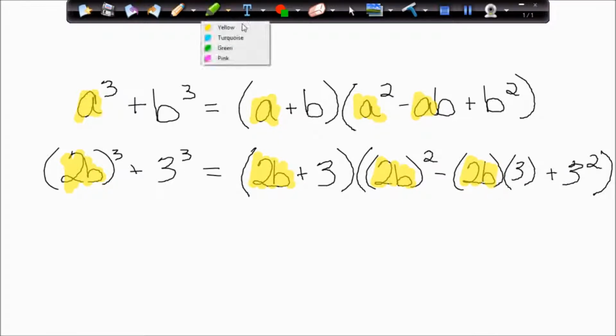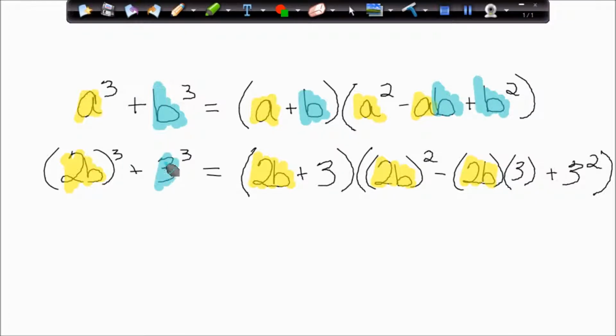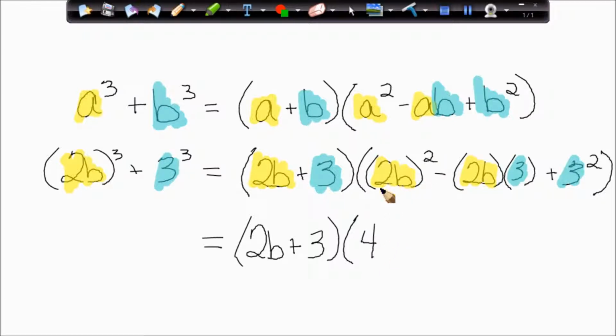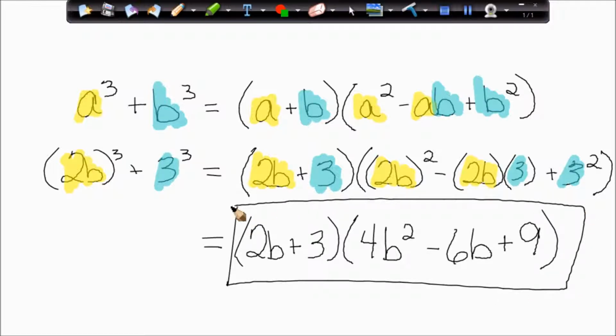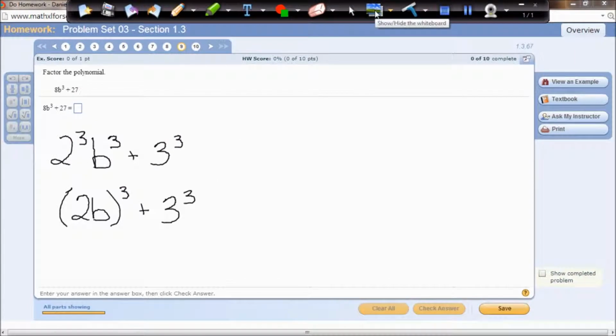And everywhere we see a b in the formula, we're going to replace it with a 3. All right, so then we can simplify our formula, and we get 2b plus 3 times 4, because 2 squared is 4, b squared, minus 2 times 3 is 6b, plus 3 squared is 9. All right, so this would be the answer that you would type in for this problem.